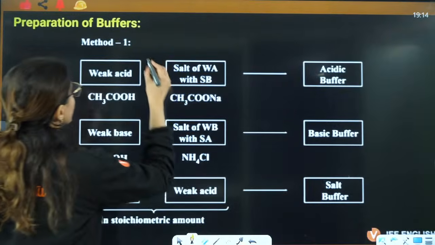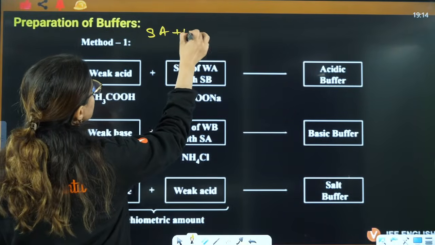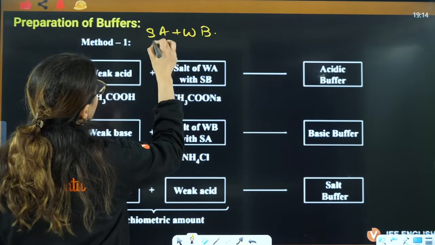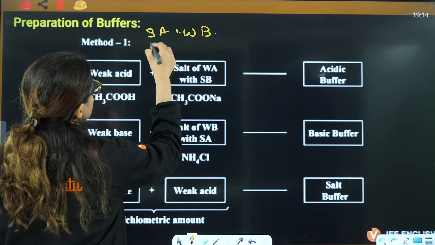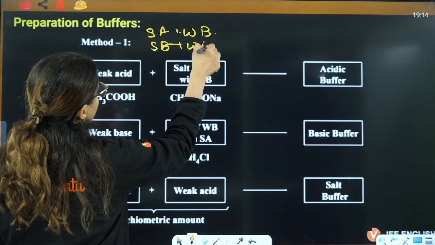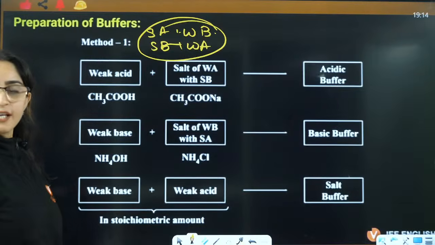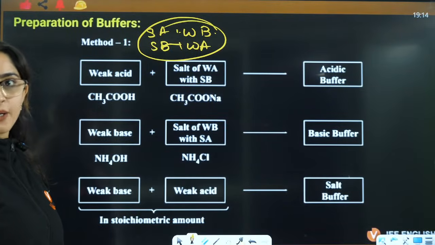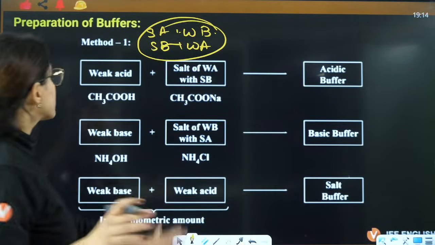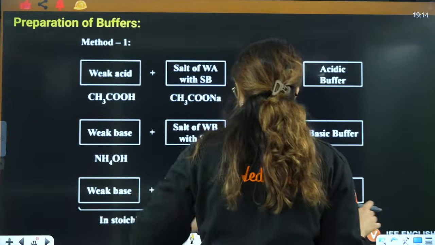Then if they give you strong acid plus weak base, or strong base plus weak acid, all these pairs are also buffers, but you don't know it. That is the reason you need to understand how to prepare it.